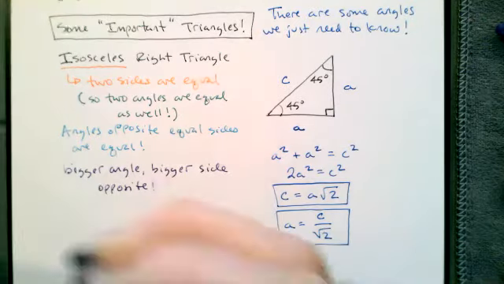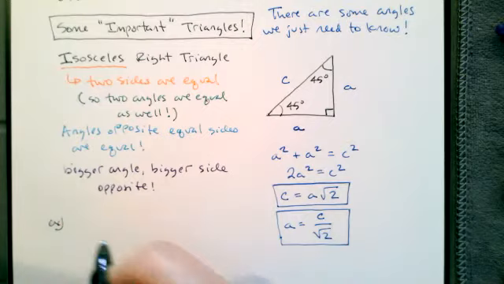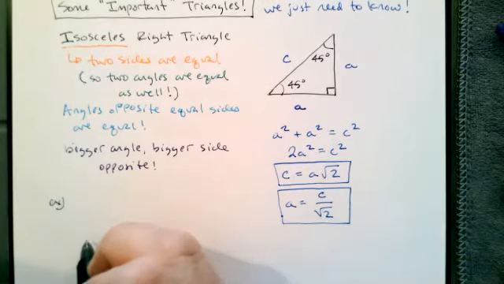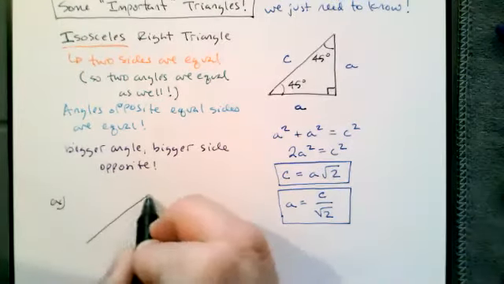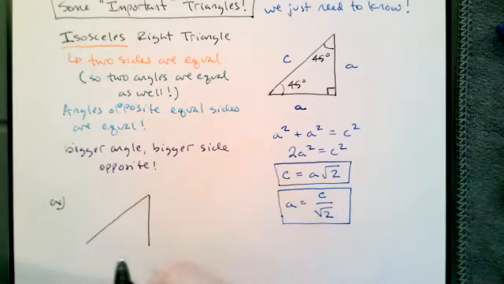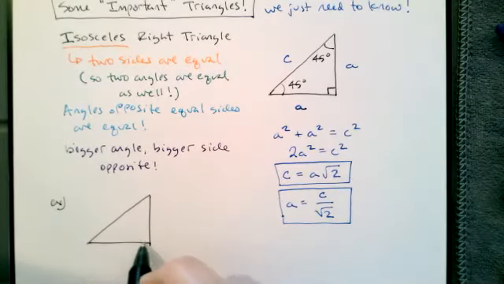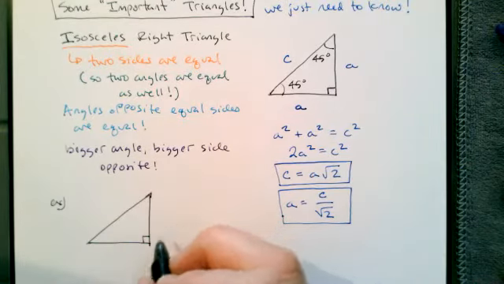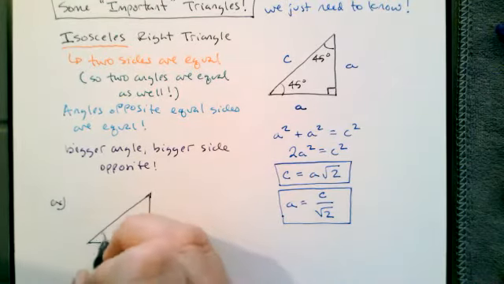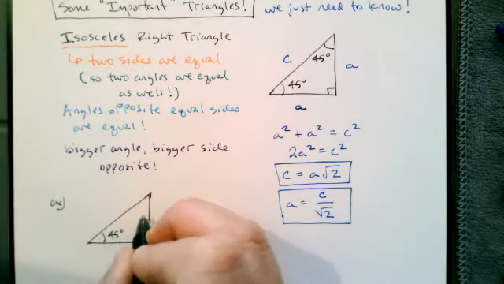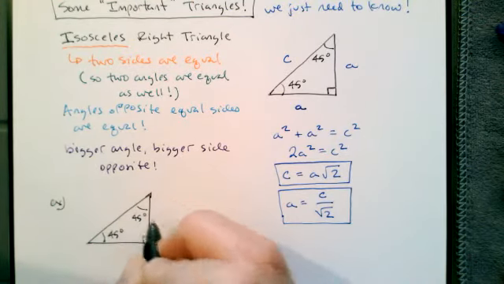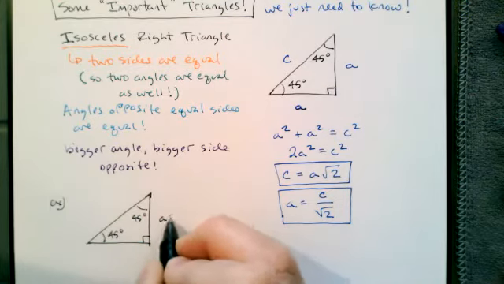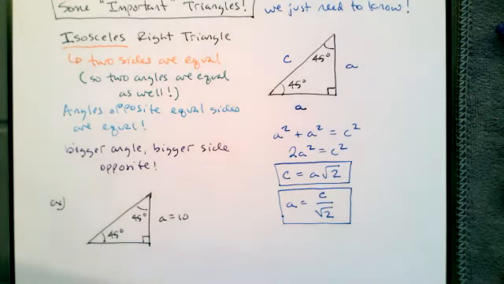So for example, if I draw an isosceles right triangle, and this is 45, and this is 45. If we're given that this side here is equal to 10, then we don't have to do any additional calculation.